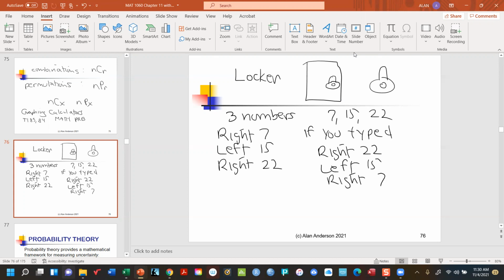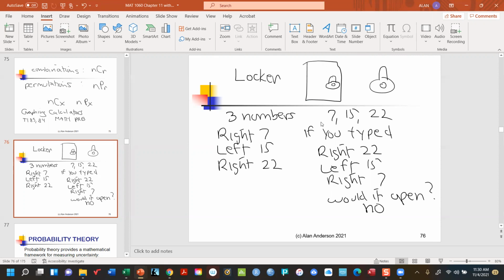Would it open? All right, what do you think? Well, I think you know the answer. It is no. It has to be in the right sequence.